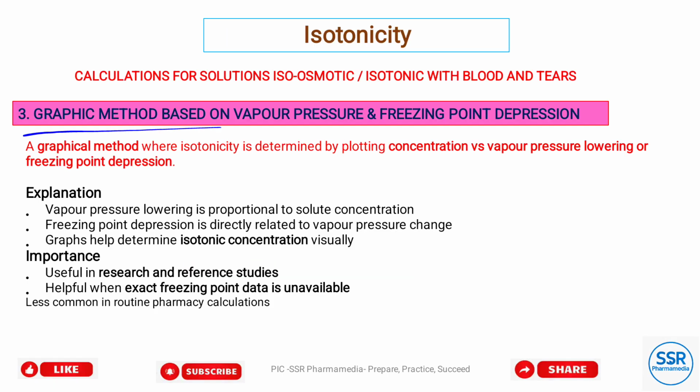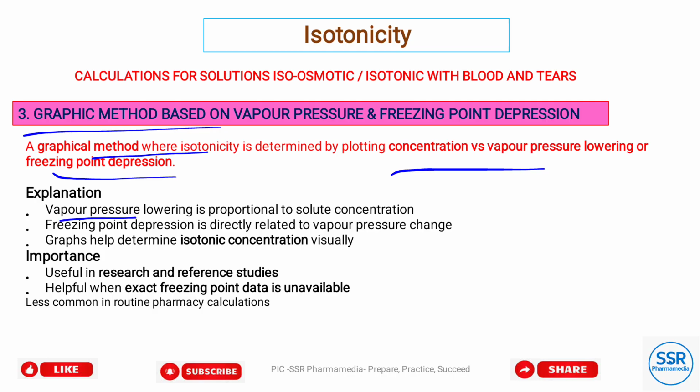So next, the third method: the graphic method based on vapor pressure and freezing point depression. In this graphical method, isotonicity is determined by plotting concentration versus vapor pressure lowering or freezing point depression.